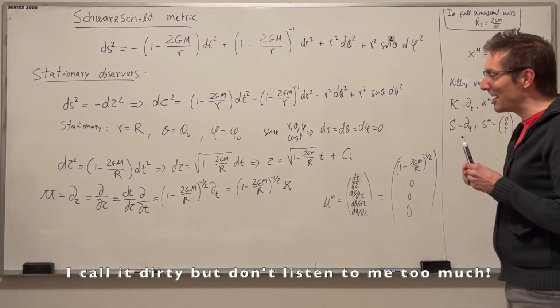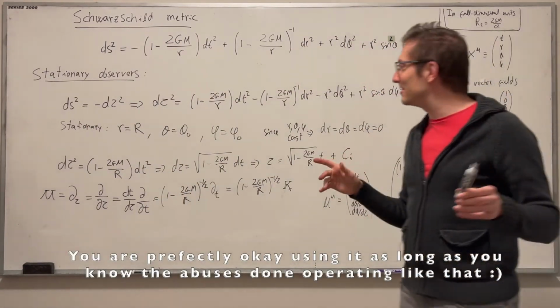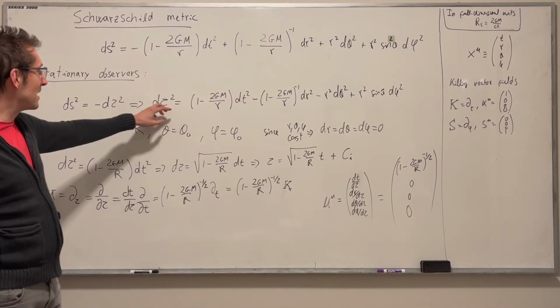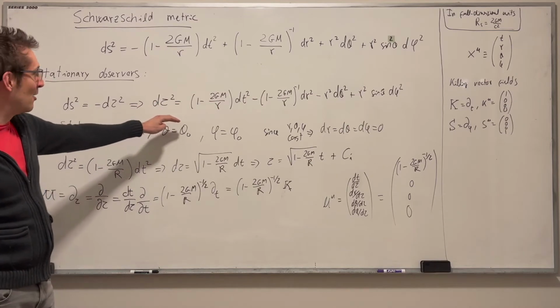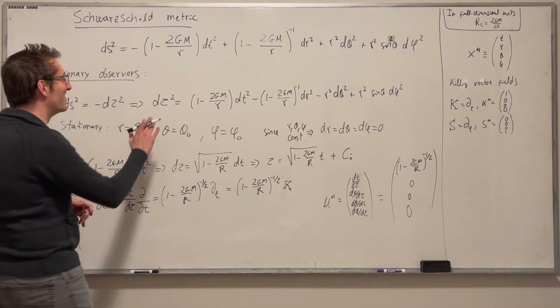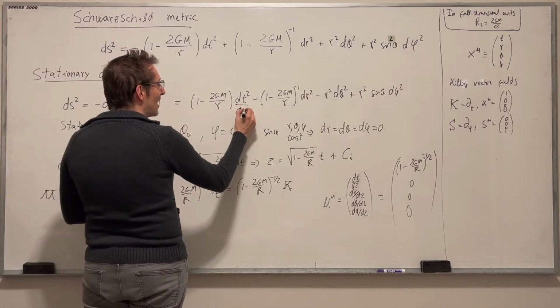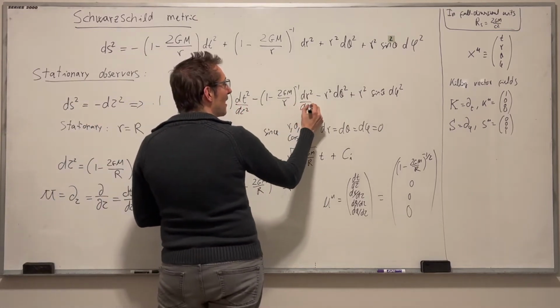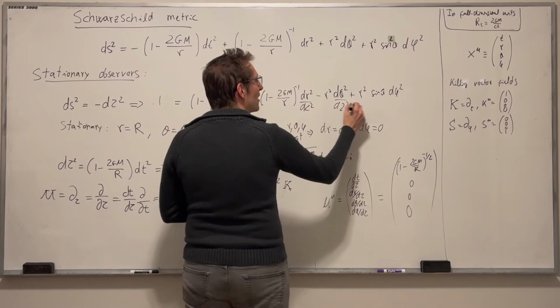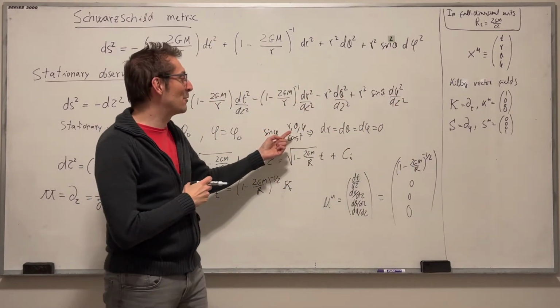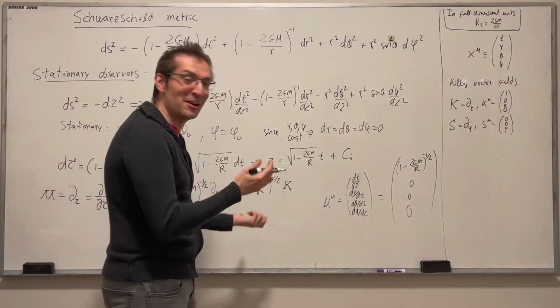Now, there's a semi-dirty thing that is done often: from here, you say, now I divide everything by dτ², and then you write something like a 1 here, then dt²/dτ², and so on. It's less dirty in the sense that I don't say the outrageous thing that the differentials are equal to 0.